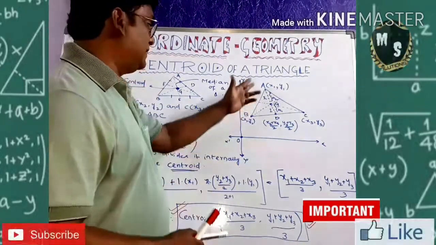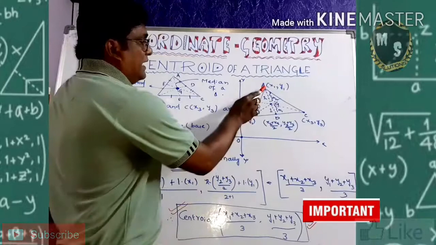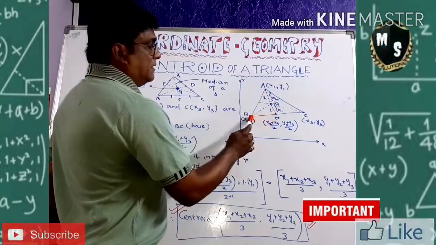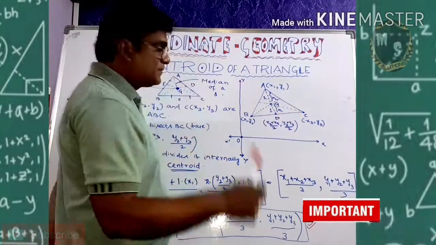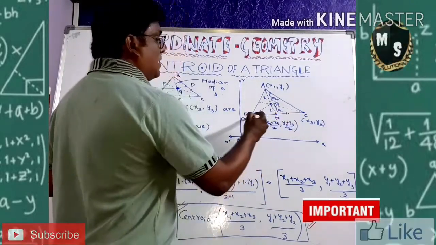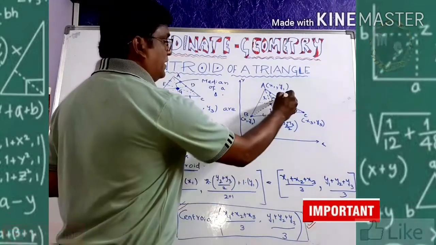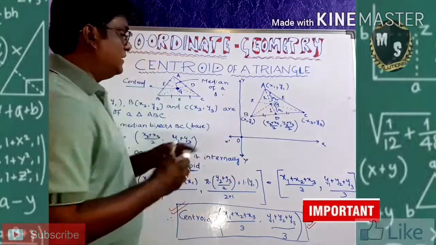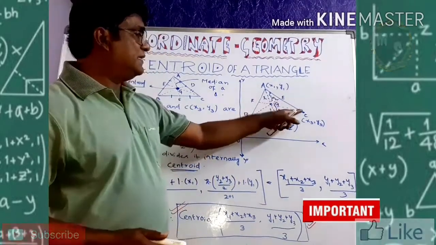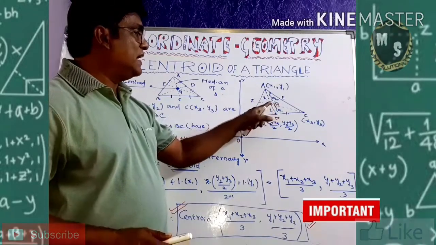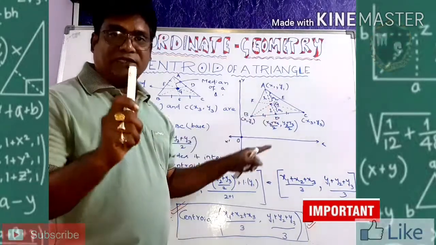See now, in this diagram, A to D is a median which divides the base BC into two equal halves, so this part is equal to this part. Clear? Now BE and CF are other medians, and they cross each other at one point, that is G, and this point is called your centroid.